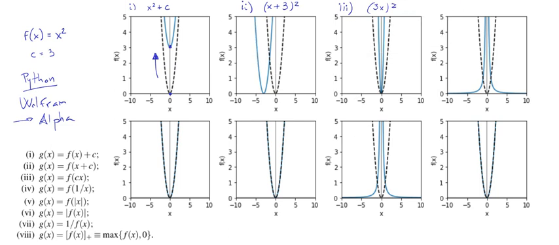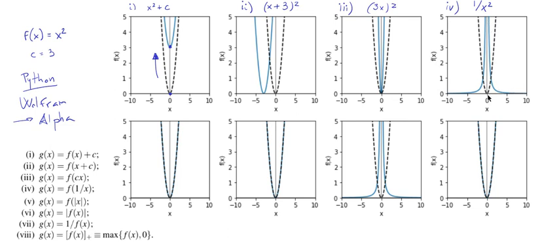Okay, so for 4 we have f of 1 over x. So in this case, this is 1 over x squared. And as you can see, this is a very interesting function. What you have is an inverse function.